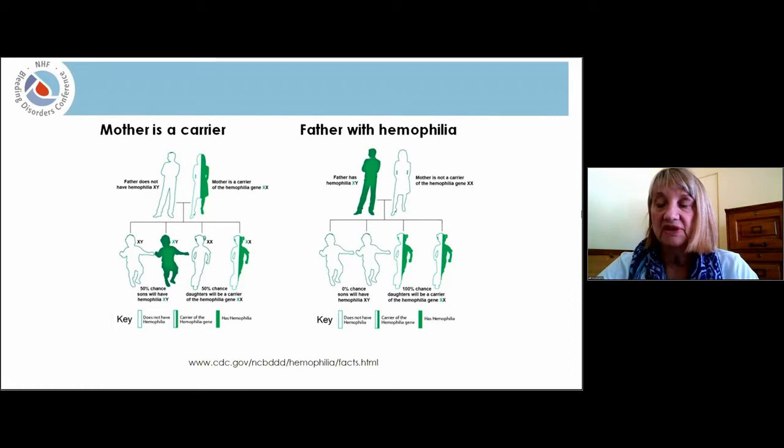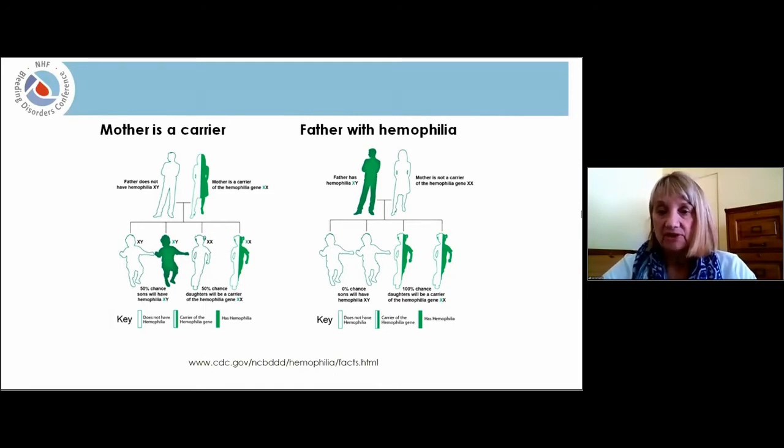However, dad's going to give his X to all of his daughters, and that X carries the hemophilia gene, and so therefore all of his daughters are going to be carriers of hemophilia. And that will be a carrier of the same type and the same severity as the dad has. So for example, if dad has severe factor 8 deficiency, the daughter will be a carrier of severe factor 8 deficiency.